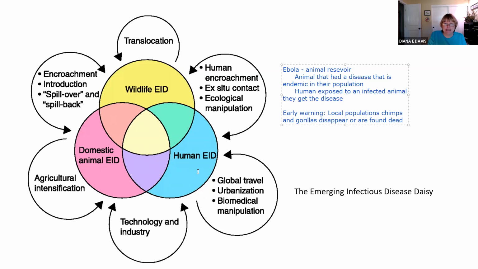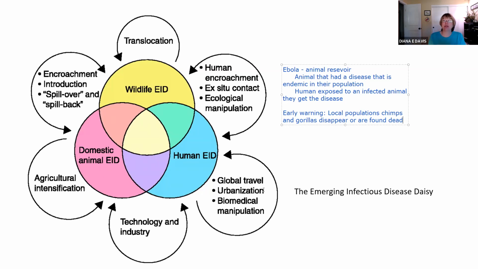A human disease can spread and become an epidemic or a pandemic because of things like global travel, urbanization. What we mean here with urbanization, there are two things that can be going on here. One is if we're having people move into cities, we're in crowded conditions.